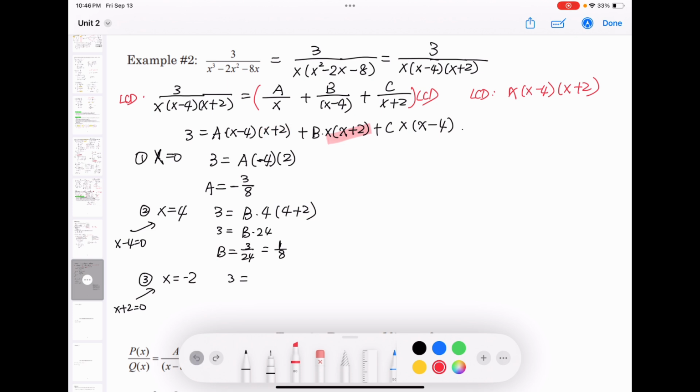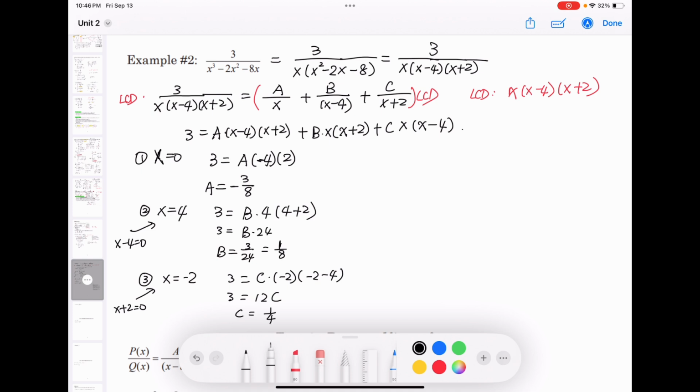We only have 3 is equal to c times negative 2 times negative 2 minus 4. So 3 is equal to positive 12 times c. Dividing both sides by 12, c is 1 over 4.